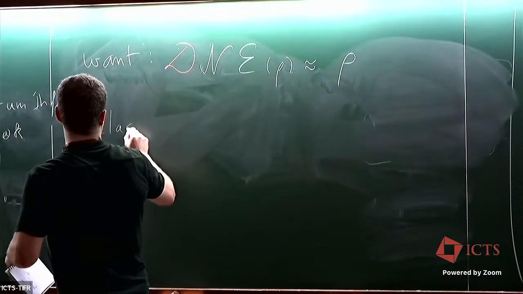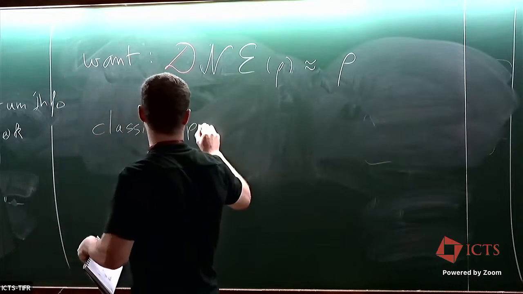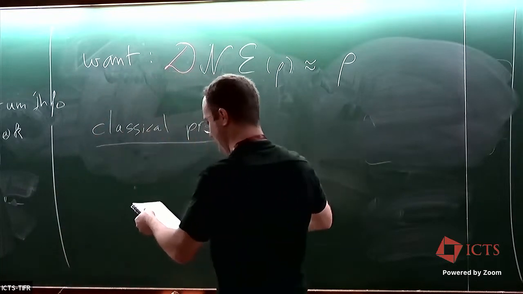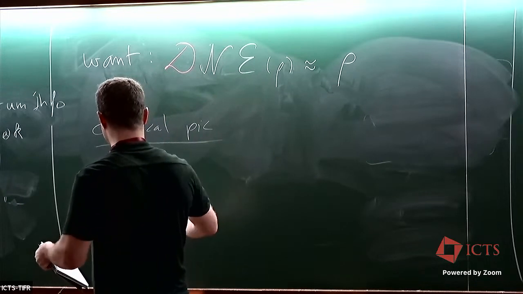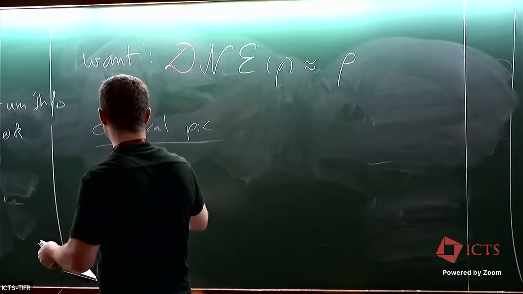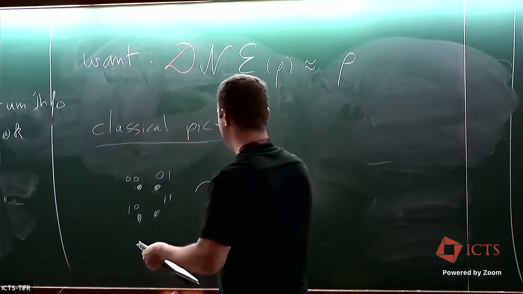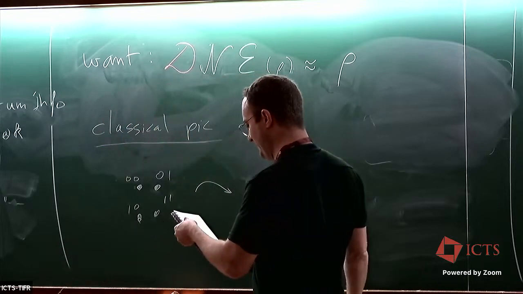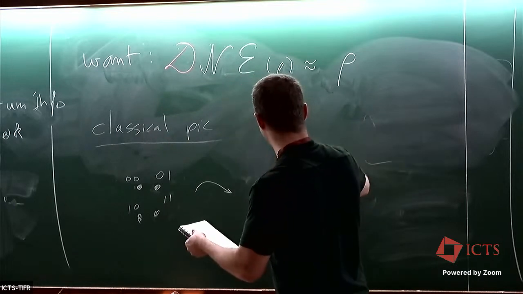A classical picture to better appreciate what I've done here is you start with some set of logical bits. This is the information you want to send, 0, 0, 0, 1, 1, 0, and 1, 1. But there's noise along the way. And so you encode it in something much bigger.